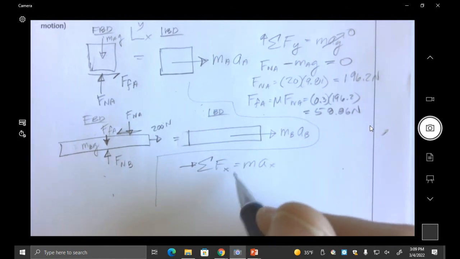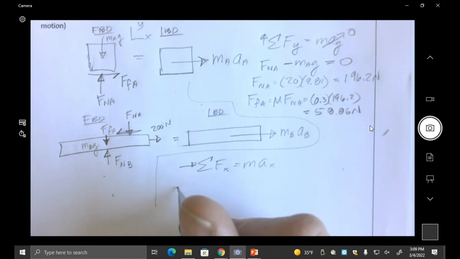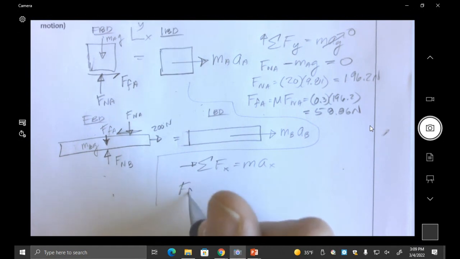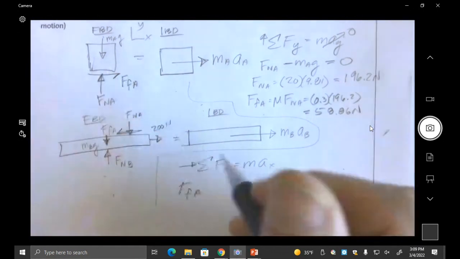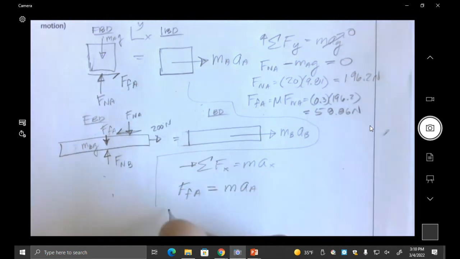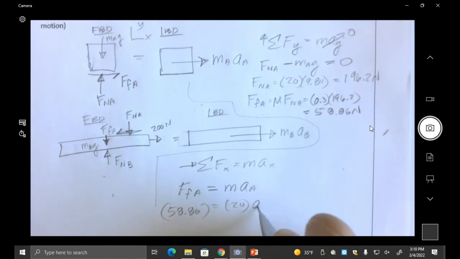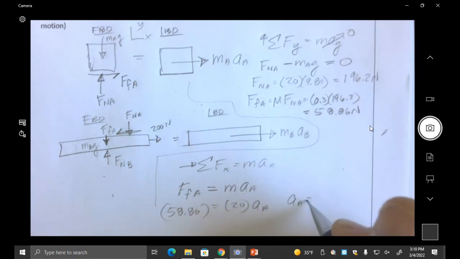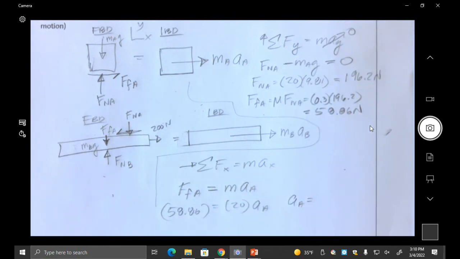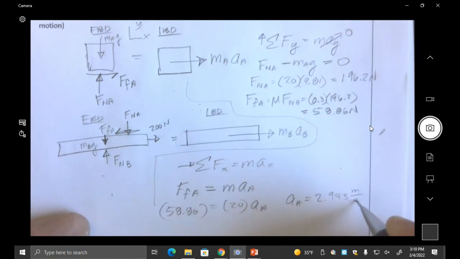Knowing this friction force, the only force on A is FFA, equal to mass times acceleration of A, so 58.86, and the mass was 20, so the acceleration of A is going to be 2.943 meters per second squared.